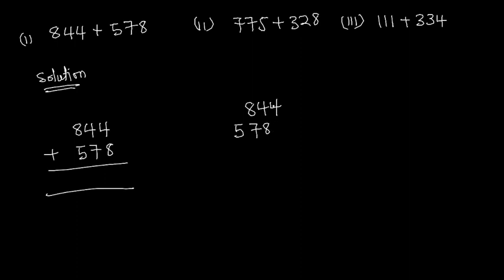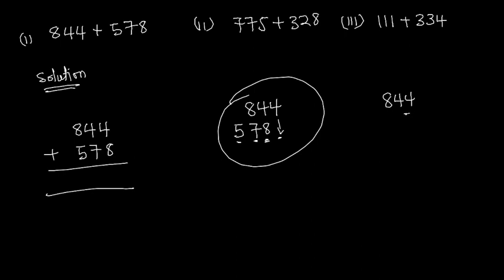No. All the numbers have to be arranged in the proper format. So the ones should be under ones, the tens under tens, and then hundreds under hundreds. So you don't write it like this, or you don't write 8, 4, 4, and then bring 5, 7, 8 like this. No. Make sure that all of them are perfectly aligned.